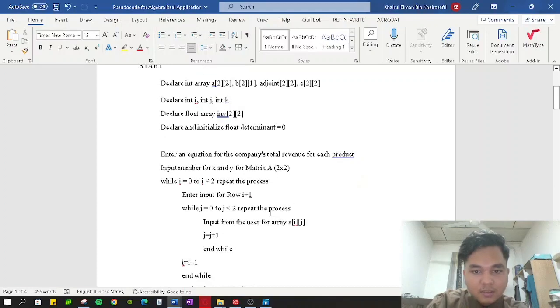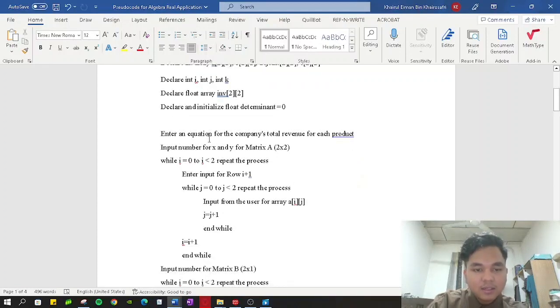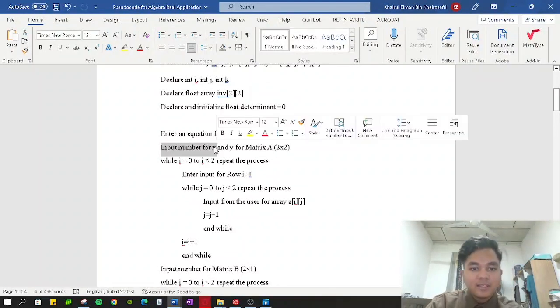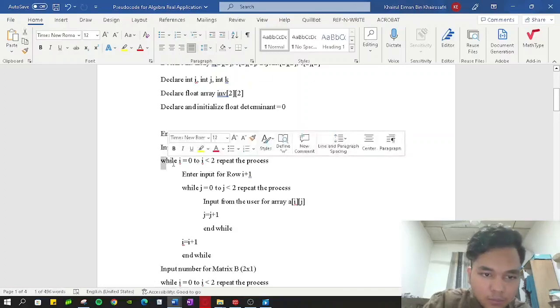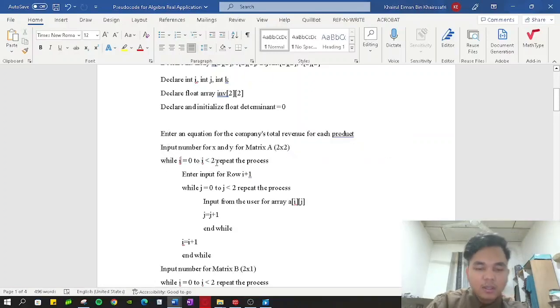Okay, the first part is input for matrix A, 2 by 2. As you can see, this is input for x and y for matrix A 2 by 2, and I use loop i equal to 0 to i less than 2, and repeat the process.